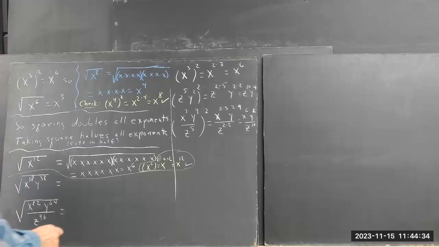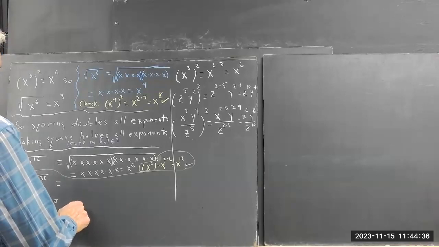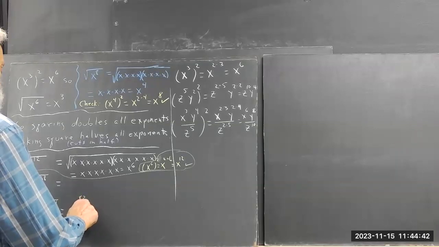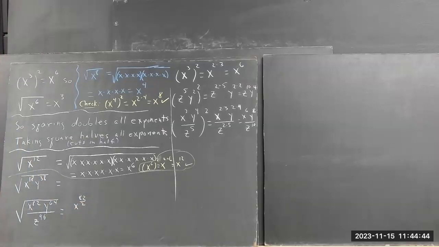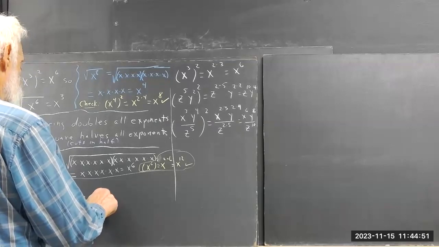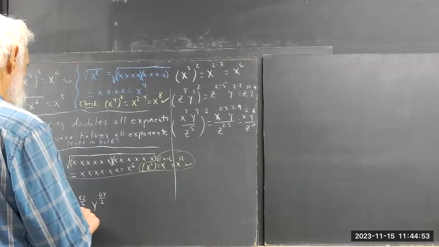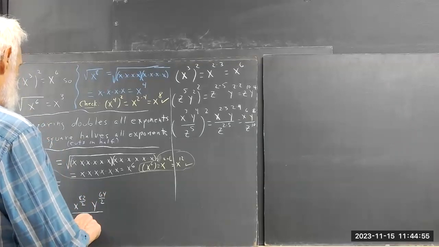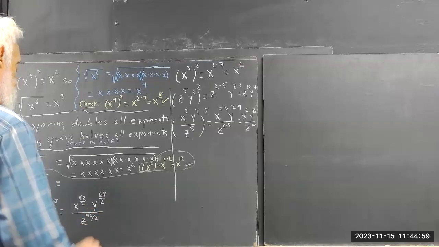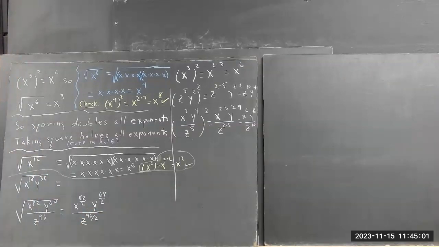So I'm going to say this equals x to the 82 divided by 2 times y to the 64 divided by 2 divided by z to the 96 divided by 2.